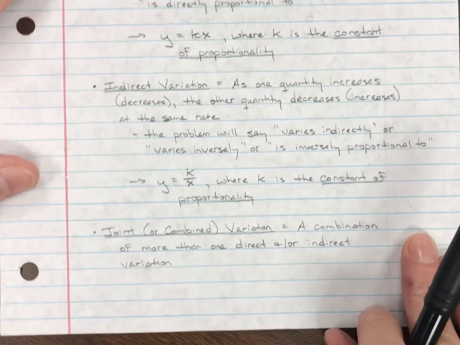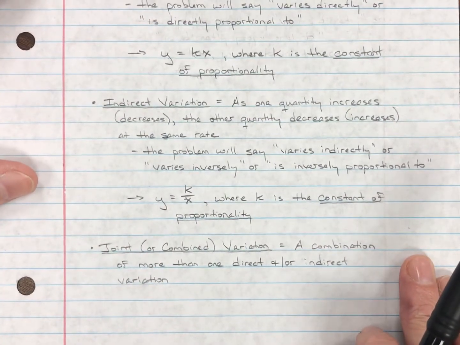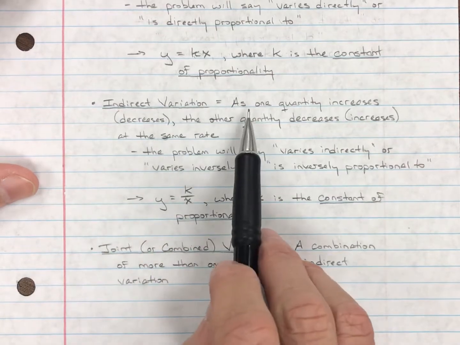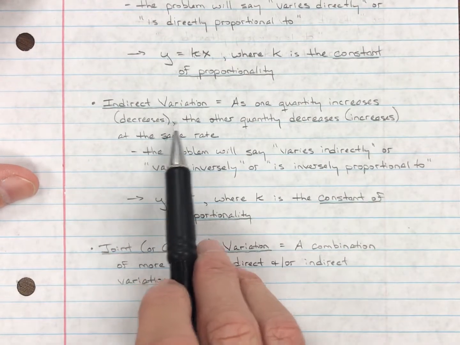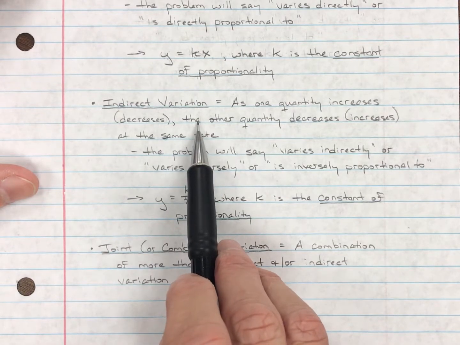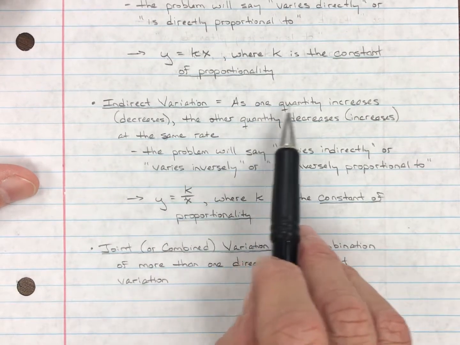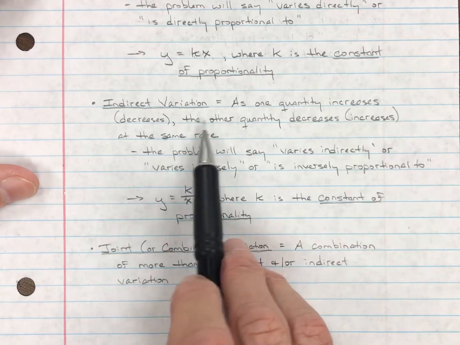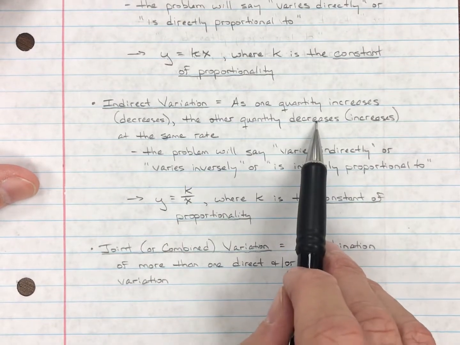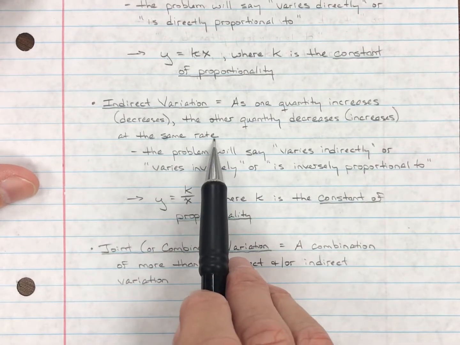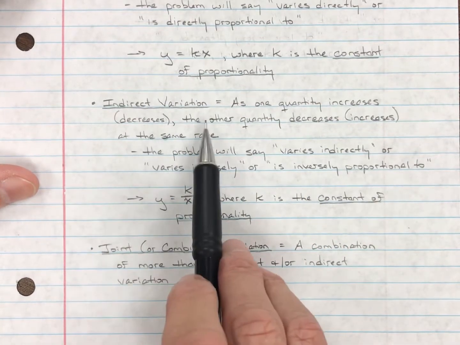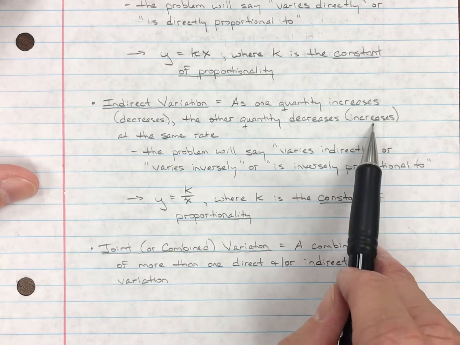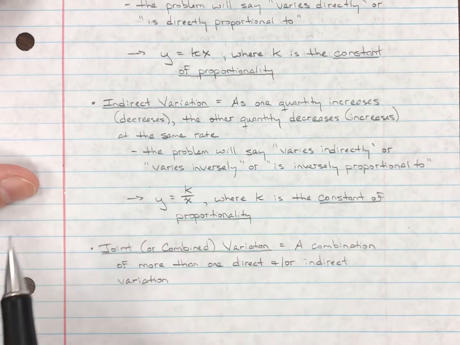Okay, indirect variation tells us that as one quantity increases or decreases, the other quantity does the opposite. So as one quantity increases, the other quantity decreases at the same rate, or as one quantity decreases, the other quantity increases at the same rate.